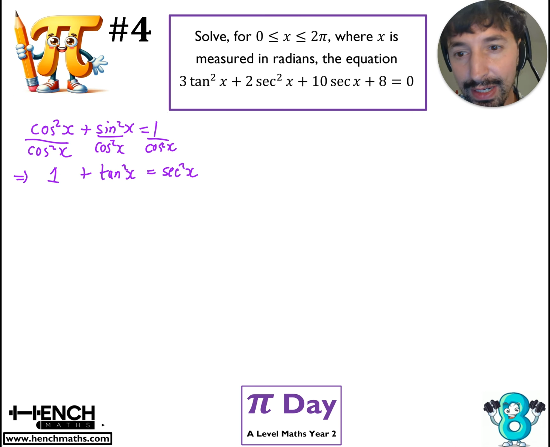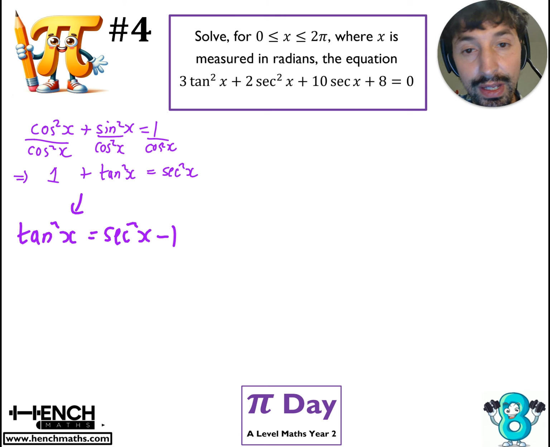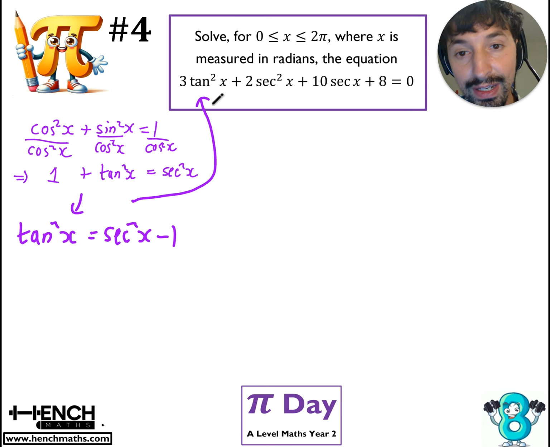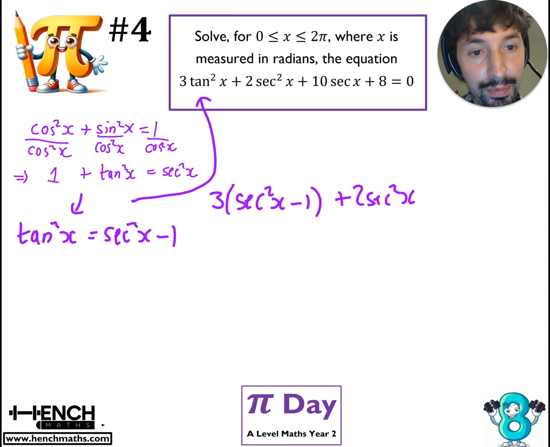So from here we can say that tan squared x is equal to sec squared x subtract 1. We're going to put this all the way in here. So we're going to get 3 open bracket sec squared x subtract 1, plus 2 sec squared x plus 10 sec x plus 8 equals 0.